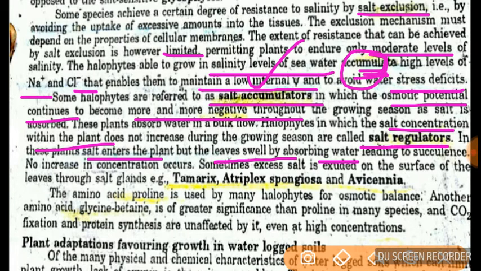So no increase in concentration occurs. So we are summarizing that these halophytes may be salt accumulators or salt regulators. And these examples are very important. In some multiple choice questions, these examples are given: Tamarix, Atriplex, Spongiosa, Avicennia. And you can remember this amino acid, proline, is very significant in these.